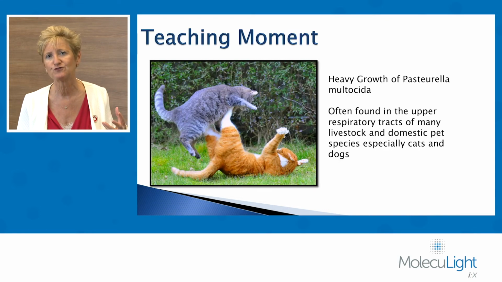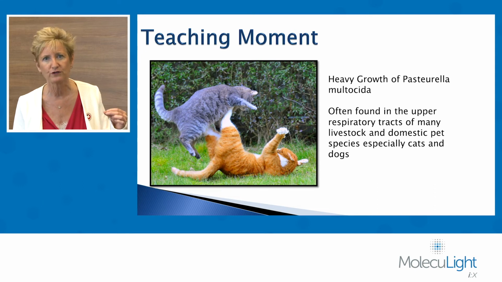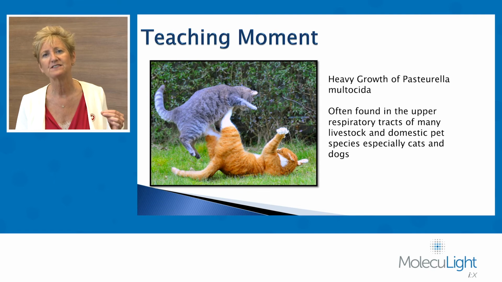And so I was able to talk to the patient about how, when you have a cat, this is a classic type of organism. And we began our treatment based on the story, but also seeing the imaging from the MolecuLight.